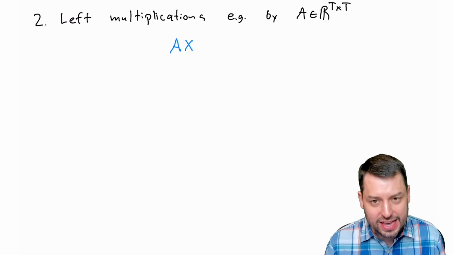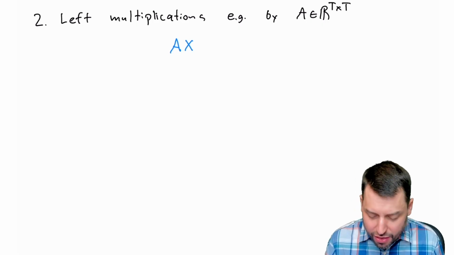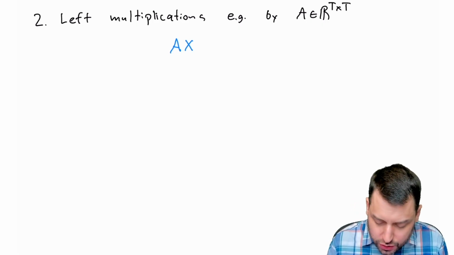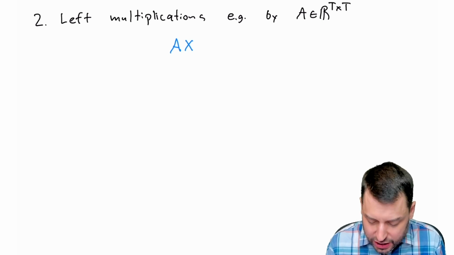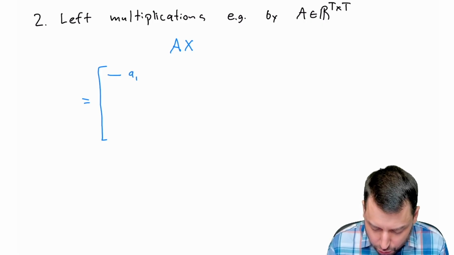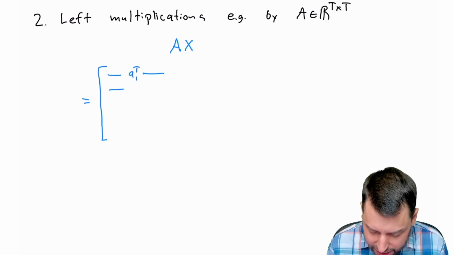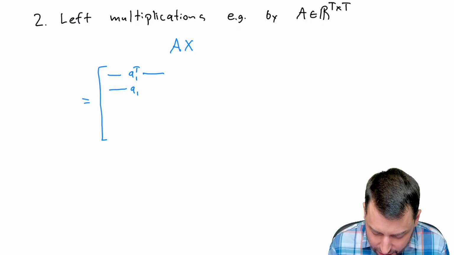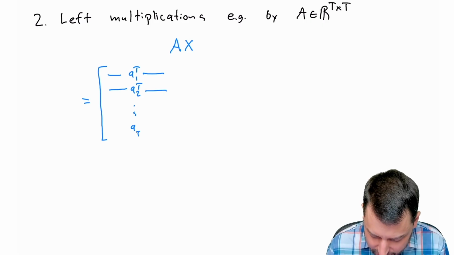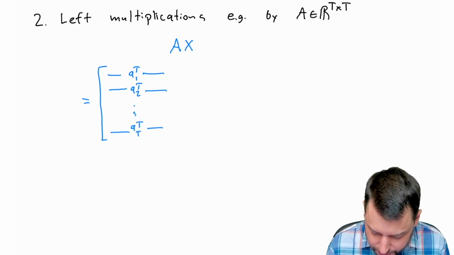Now, I'm going to again write this out, but rather than write it by the rows of X, I'm going to write it, at least initially, by the rows of A. So I'm going to write this expression by taking each row of A, all the way up to A_T transpose.